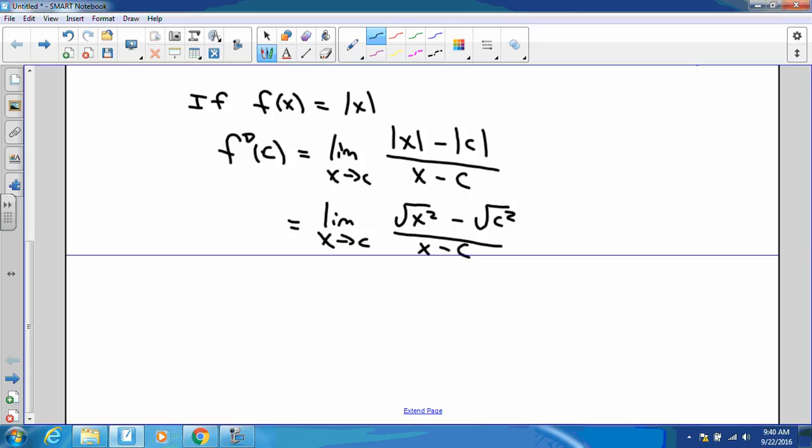Does that make sense to everybody? Think about taking an x, squaring it, and then taking the square root. And now this sets me up to be able to rationalize. I can multiply top and bottom by the square root of x squared plus the square root of c squared.